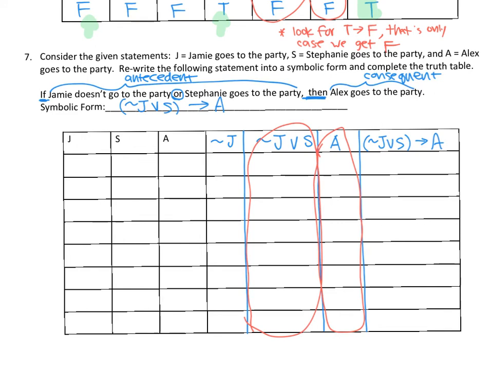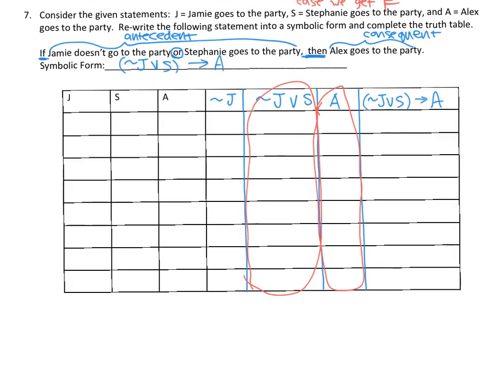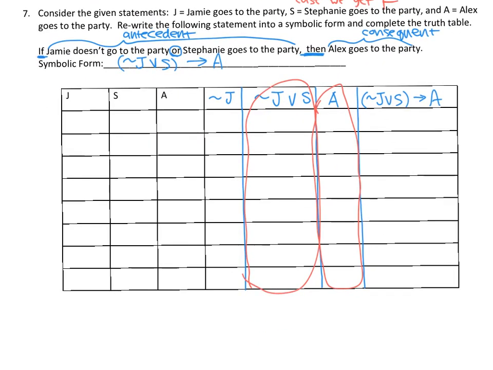I'll try to fill the antecedent column, I'll try to fill the consequent column, and then again we have to do the same thing. Look for TF, look for T implies F, which is the only case we get false. Okay, so I'm going to pause, finish this question, and we'll meet back at the next question.